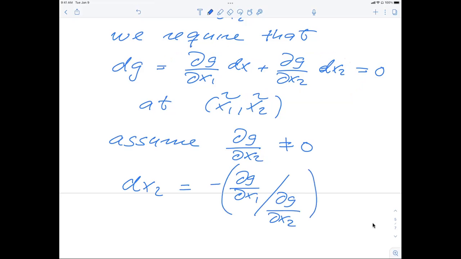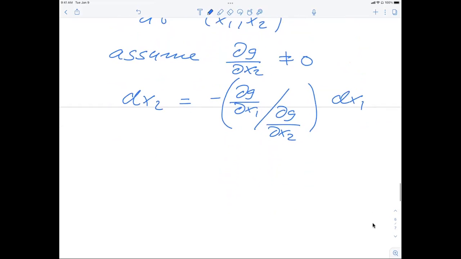And this is multiplied with dx1. And this must be satisfied for all values of dx1.